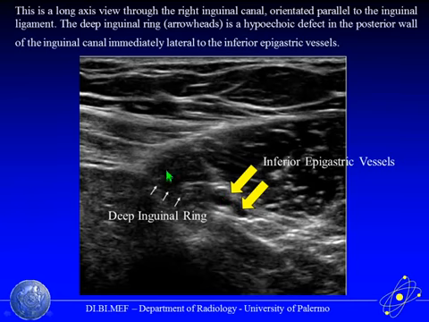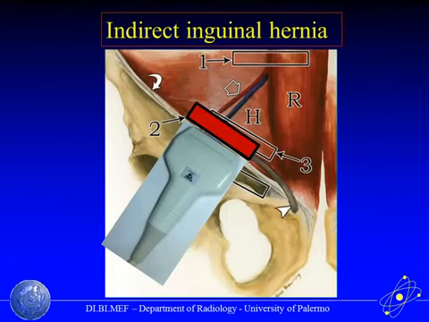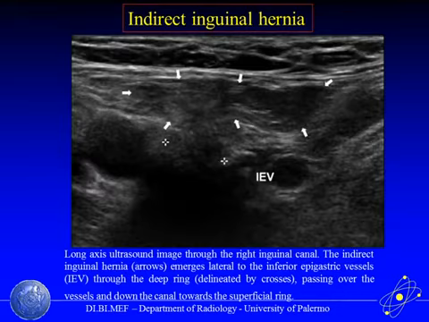This is the deep inguinal ring, and this is the right location for evaluating an indirect inguinal hernia. So let's see this sonogram.